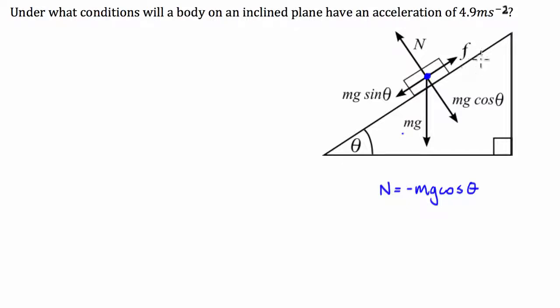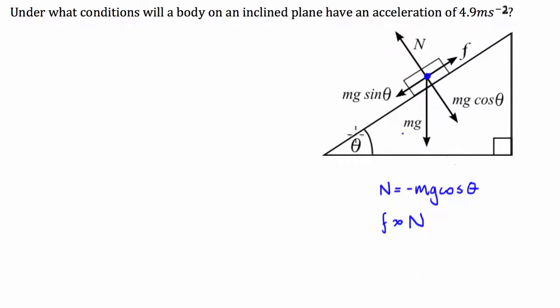This friction force here is a force that is going in the opposite direction to the motion. The motion will be going down the slope, and the force of friction is usually related to the normal force.